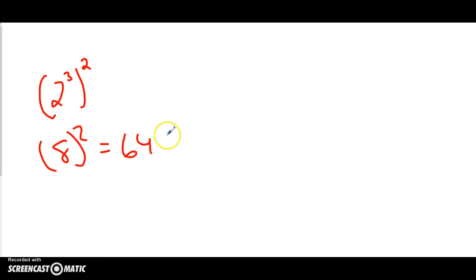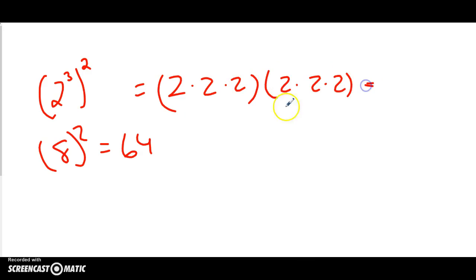The neat thing about exponent laws is you can always prove them, and you can go in different orders and as long as you don't break any rules, you get the same results. Another way to look at it is 2 times 2 times 2, which is 2 cubed, times 2 times 2 times 2. Going back to my multiplication rules, that's 6 of them. So I have 2 to the 6.